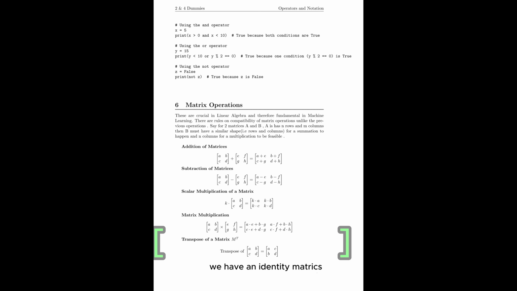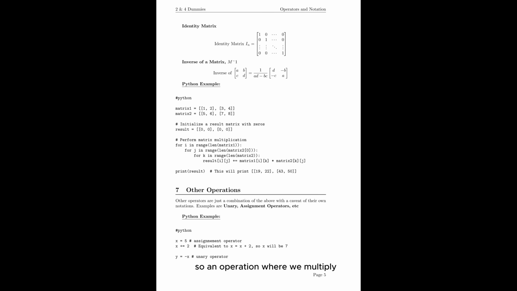An operation where we multiply a matrix by its identity, we simply get the original matrix, so nothing changes. An identity matrix by definition is a matrix whereby all the elements are 0 except for the leading diagonal, which is comprised of ones.